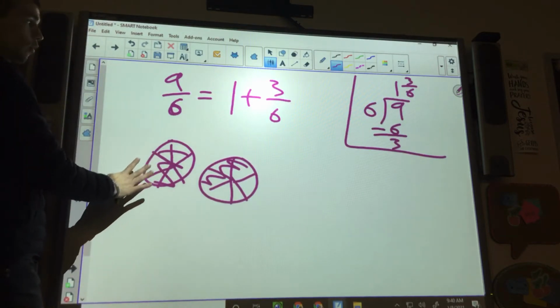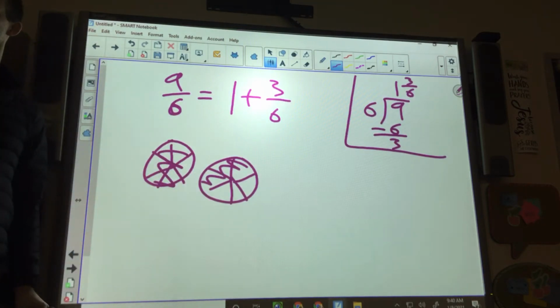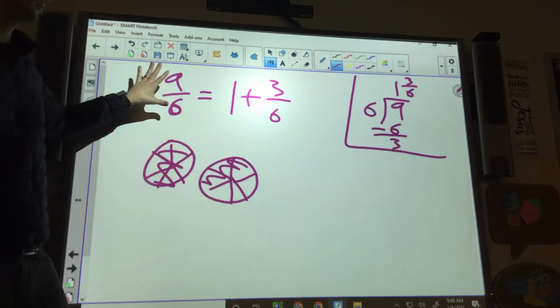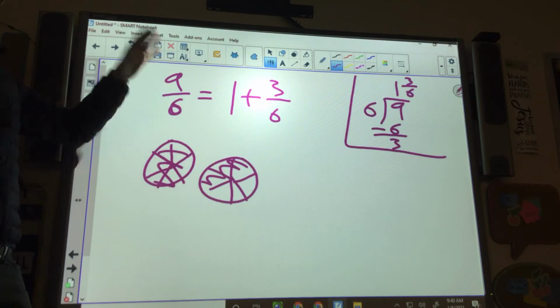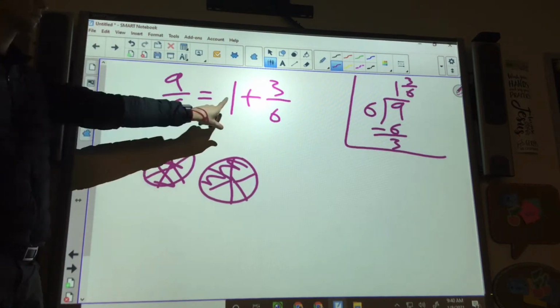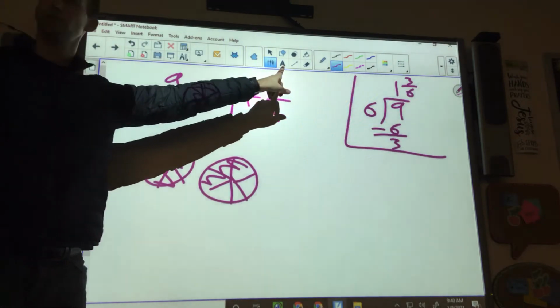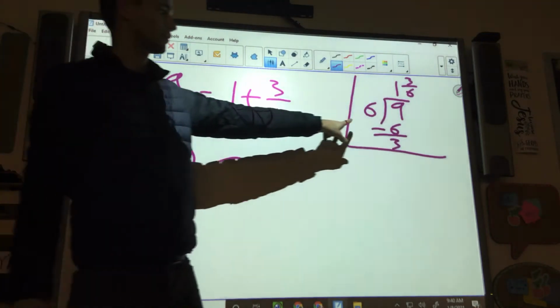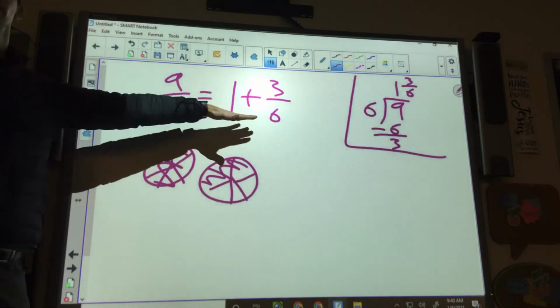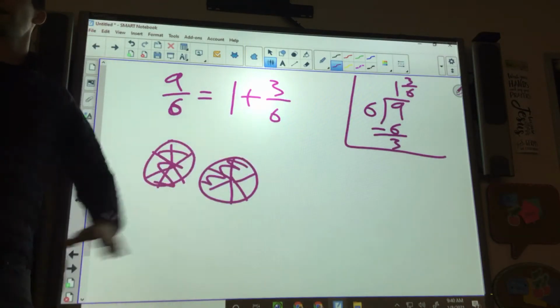So we've got 1 and 3 out of 6. You got to get to the point where you can do this in your head. Anytime I see 9/6, that's a full 6/6, that's 1, and there's 3 left over, and it's over 6 still on the bottom. So, 1 plus 3/6, that's what we've got right now for our fraction.